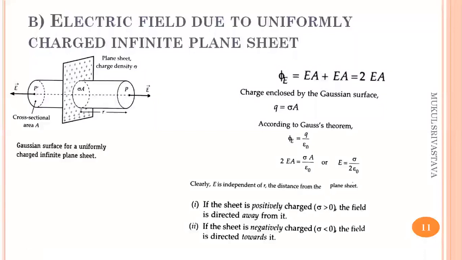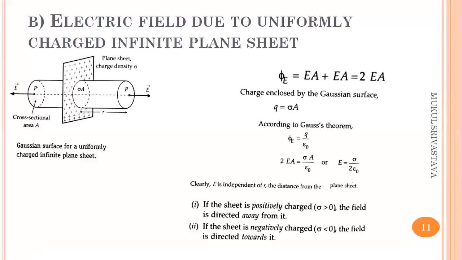By symmetry, the electric field E points outward, normal to the sheet. Also, it must have the same magnitude and opposite direction at the two points P and P dash, equidistant from the sheet and on opposite sides.